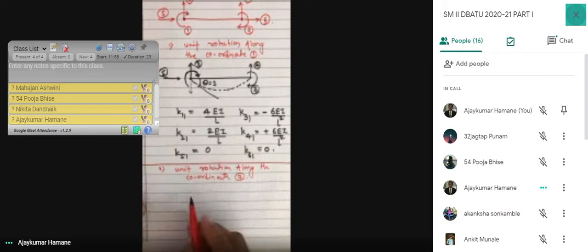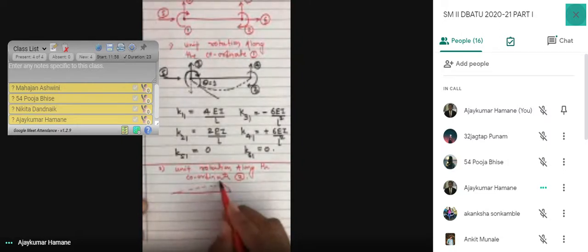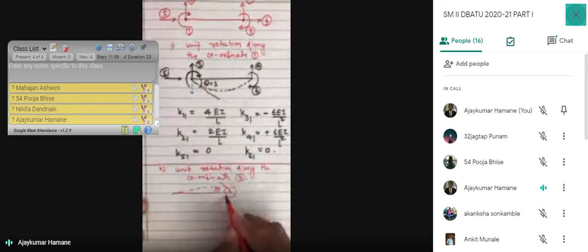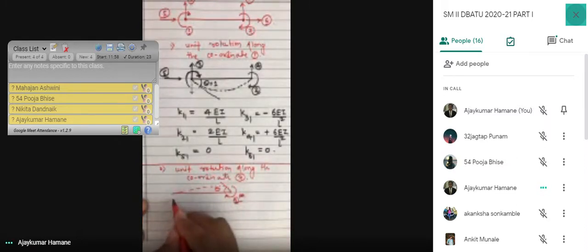2, this theta, correct? So what is the movement? Here it will be developed along the coordinate 2, and here it will be along the coordinate 1.